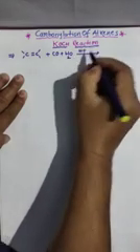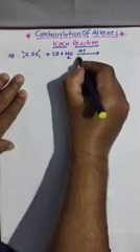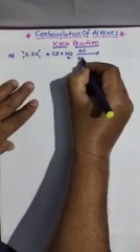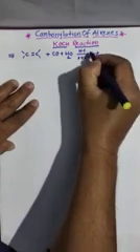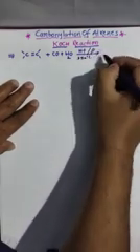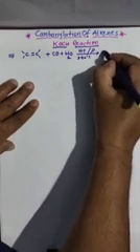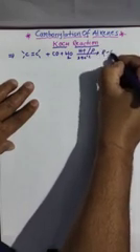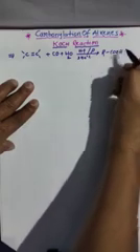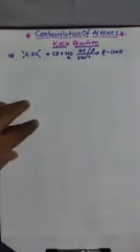acid medium and 350 Celsius temperature and pressure, and we are getting carboxylic acids. This is the reaction. Clear?